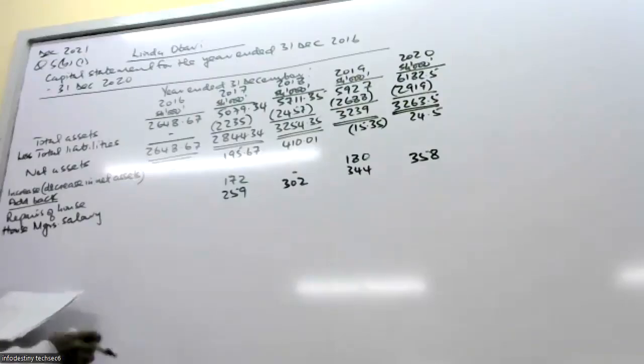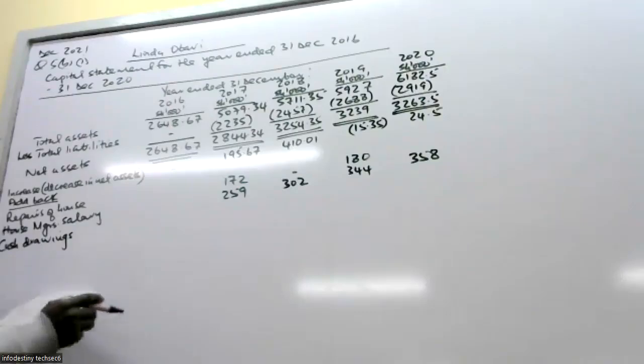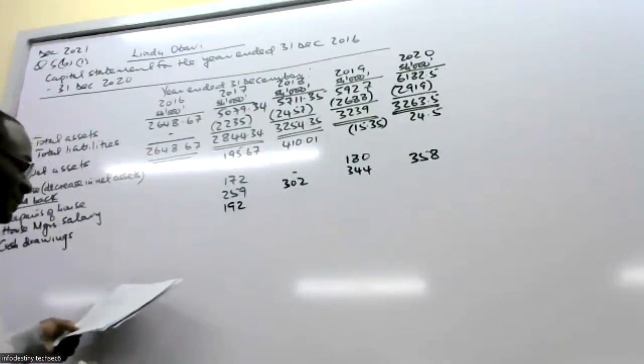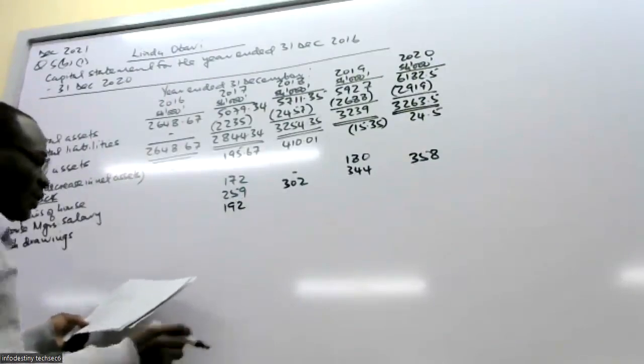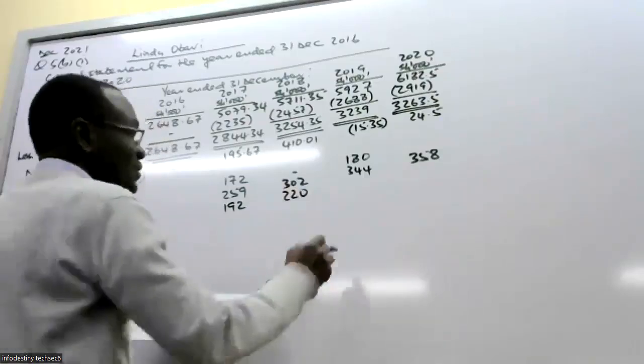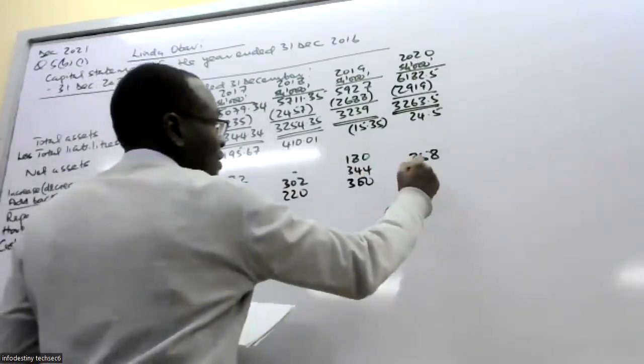Then you have cash withdrawn or cash drawings. So cash drawings, we have 192. All these are called personal expenses. We have 220, or personal drawings, 300, 340, we add back.